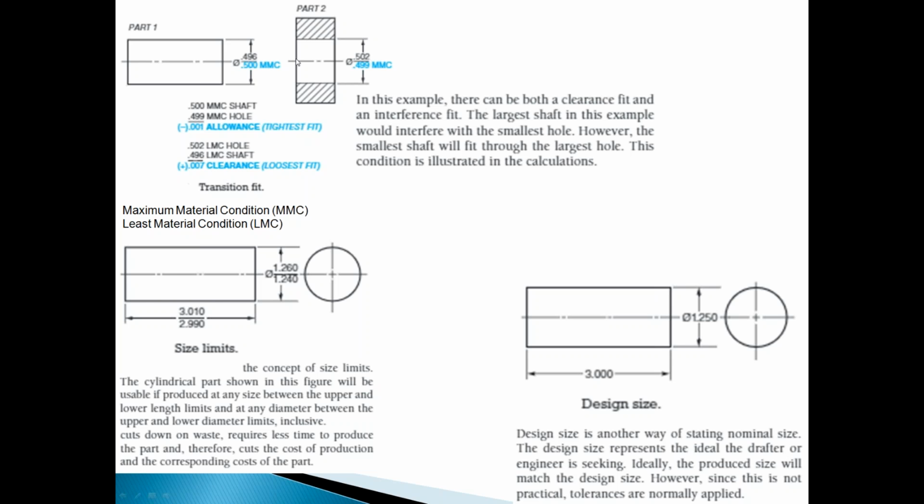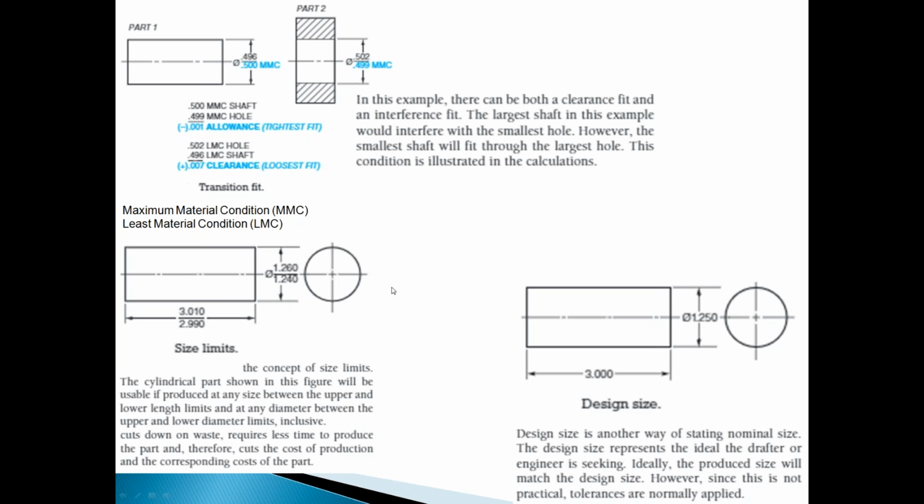Subtract 0.496 from 0.502, and the clearance, the loosest fit, is 0.007. If the difference is 0.008, then it's way too loose. It's not allowable to have the shaft too loose or too tight.